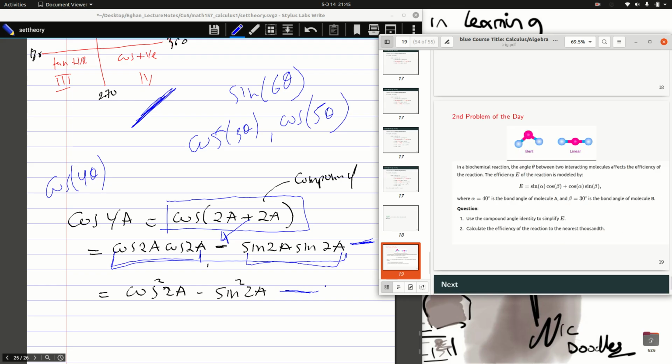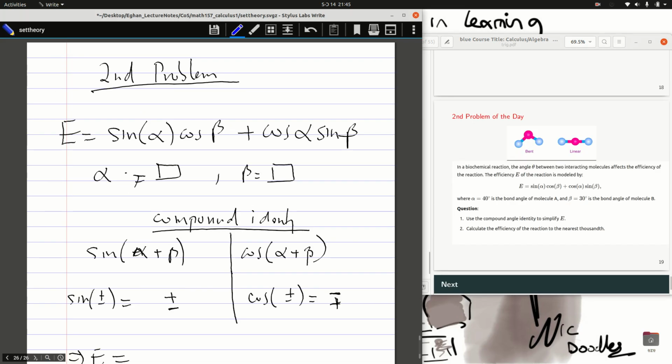Okay, now to the last thing, that is a problem of the day. I think I've rushed through this lecture video. I feel like I have rushed through, but it is fine. We are in some biochemical lab, and we are looking at a reaction between two molecules. You know, the angle of their bonding affects the reaction rate, or how efficient these reactions are.